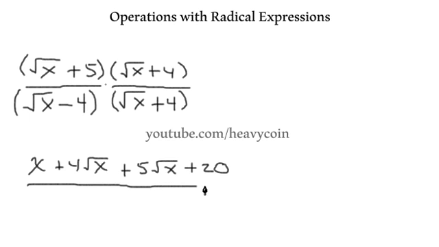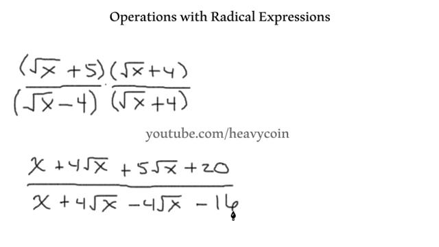And that's going to be all over. So we do the bottom, square root of x times the square root of x is just x. The square root of x times 4 is 4 times the square root of x, and then we have minus 4 times the square root of x, negative 4 times the square root of x, and then negative 4 times positive 4 is negative 16.